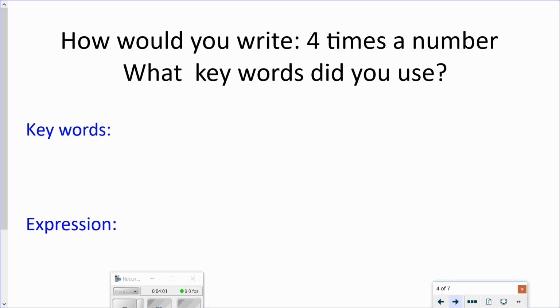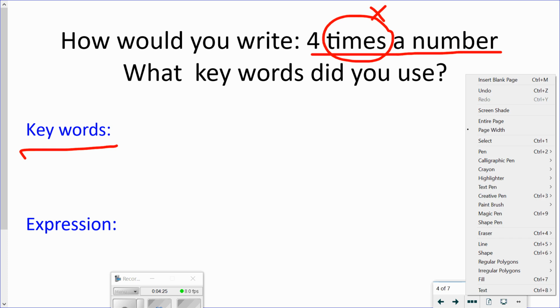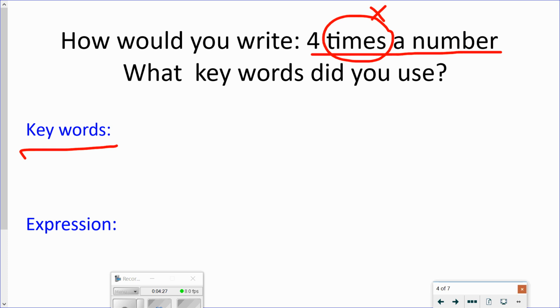Okay, how would you write 4 times a number? What keywords did you use? So we're looking for those keywords. And I'm looking here, 4 times a number. So when I'm looking at that, right away, I would see times. So that tells me I am going to multiply. Now I also have a number.